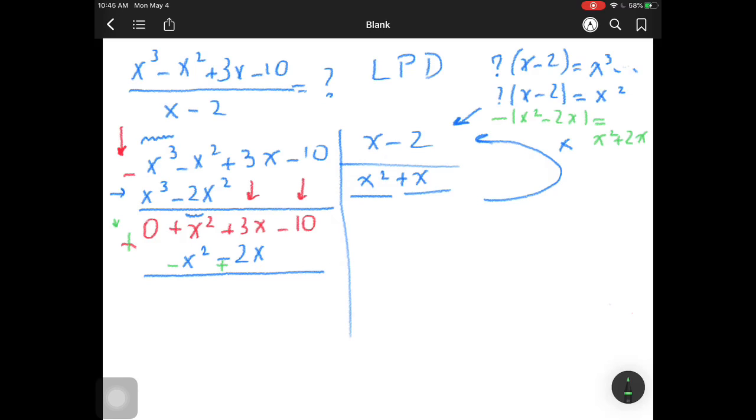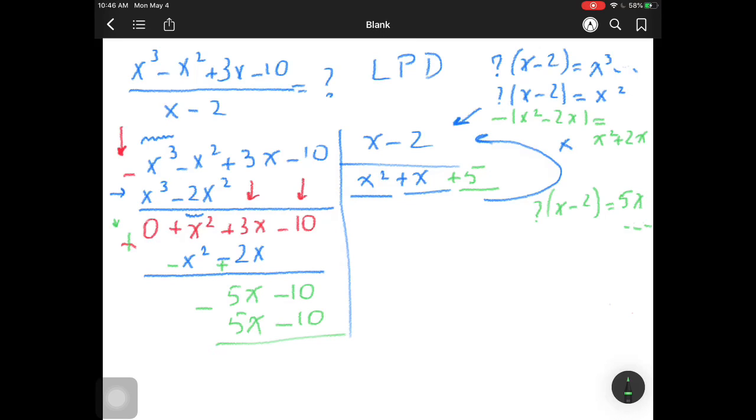So now let's do this. 3x plus 2x is 5x minus 10. Let's do the same thing here. What do I multiply by x minus 2 so that it starts with exactly 5x? Again, regardless of how it continues. I don't care how it continues. So obviously the answer is plus 5. 5 times x minus 2 is 5x minus 10.